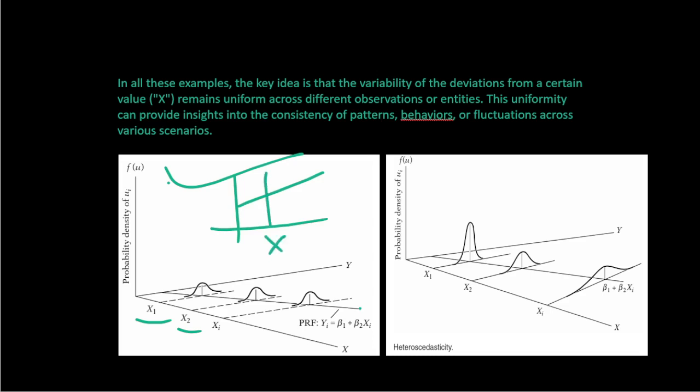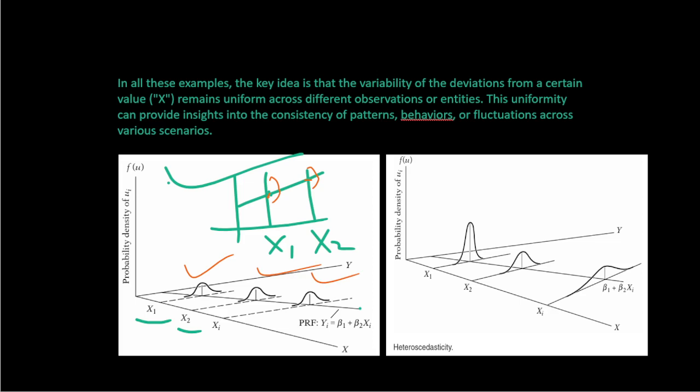This is the value x1, next one is the x2 value, and these intersection points are the means. The spread is around these. They are showing that the spread around the mean for x1 and x2 is equal, they have the same variance. This is what homoscedasticity is about.